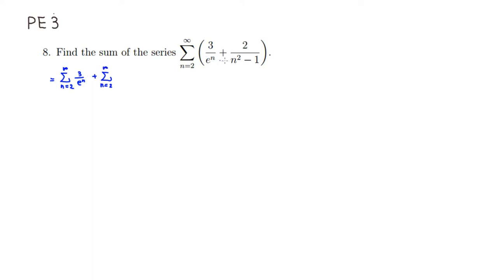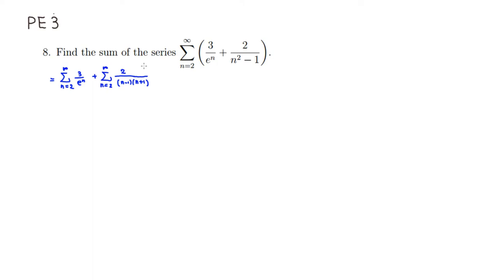I'm going to go ahead and factor it out, so you have 2 over n minus 1 times n plus 1.